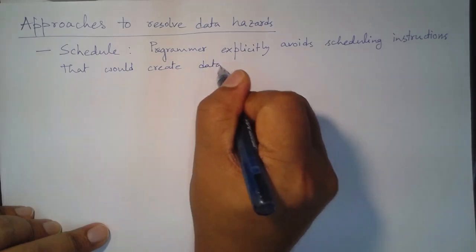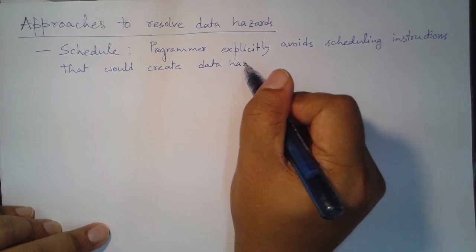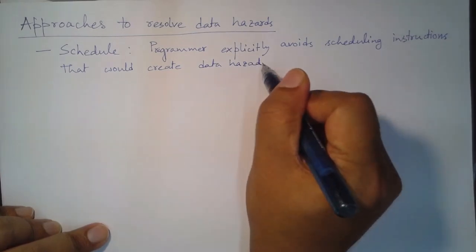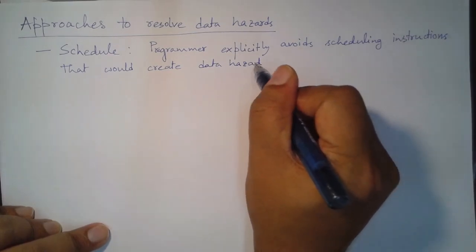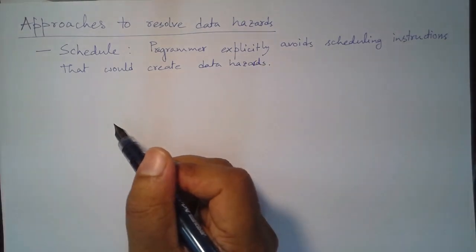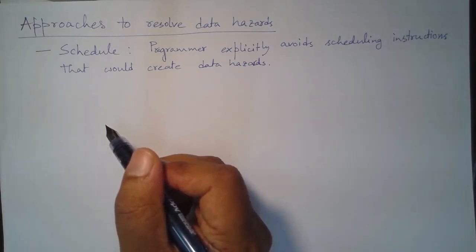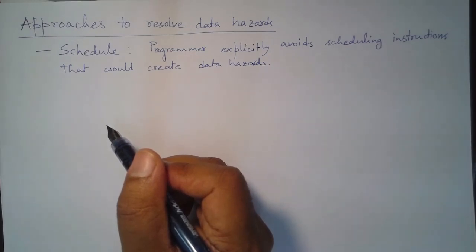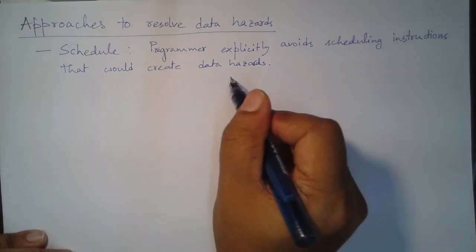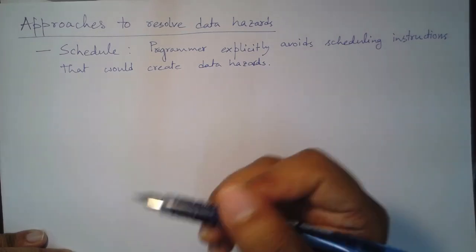Now this is easier said than done, because when you are looking at very complicated and big programs, it's very difficult to keep track of all the data flows and make sure that you have enough precautions so that there is no data hazard because of the instructions which you have written.